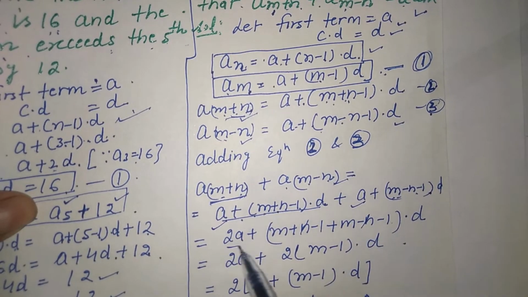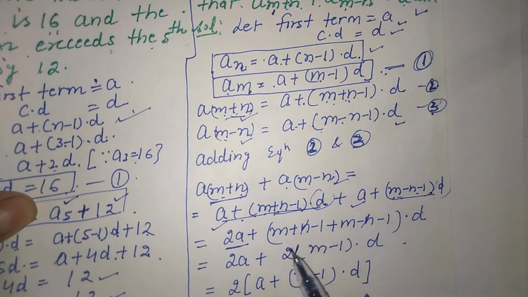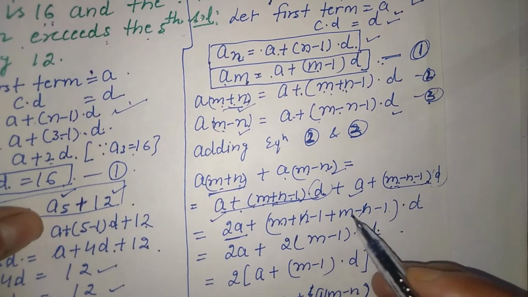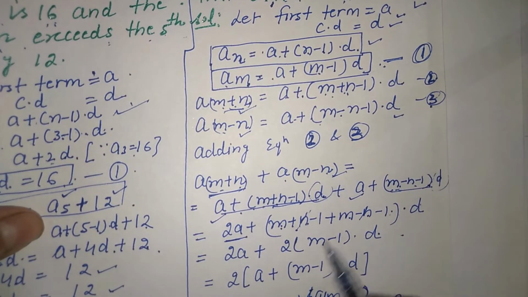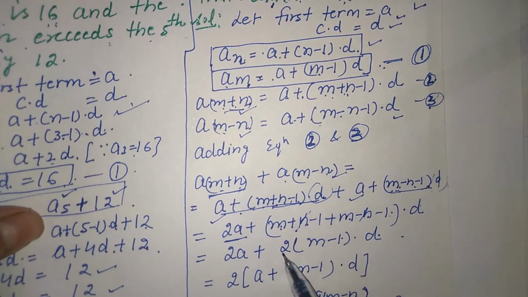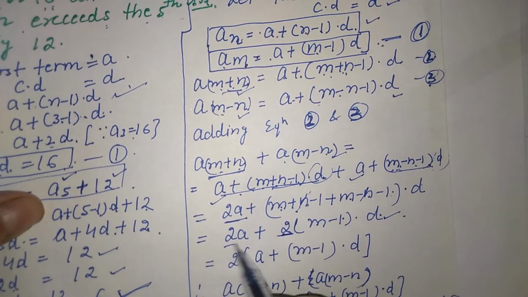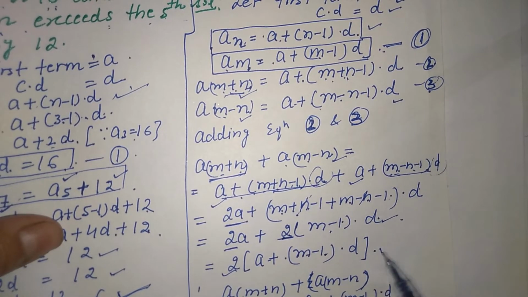So a and a will be added, and for these two, d will be common from both. So d is here, (m+n-1) plus (m-n-1). n will be cancelled out, it becomes 2m minus 2. 2 will be common, so 2(m-1) into d. From all of this, 2 will be common: 2 times a plus (m-1) into d.